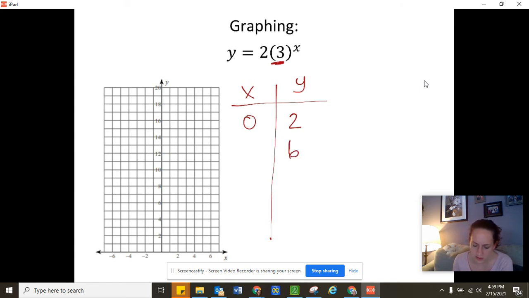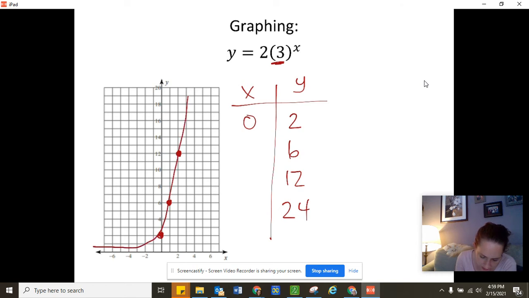So 6 times 2 is 12, and times 2 is 24, which by then these get really big really fast. There's not many points that you can use usually. But I got the points (0, 2), (1, 6), (2, 12).